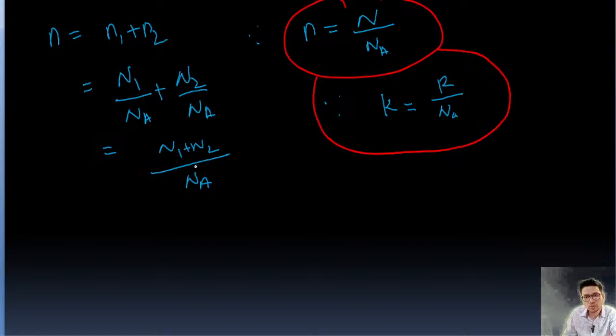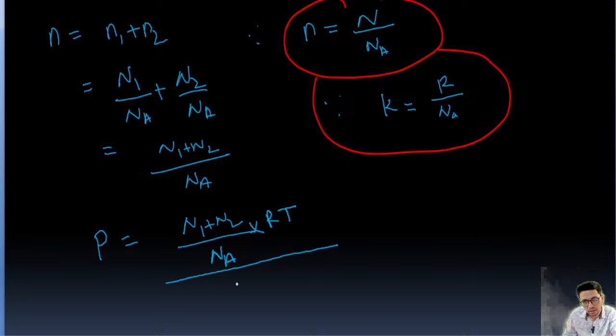So if you put this value of n in equation 1, we get Na into RT upon (V1 plus V2).